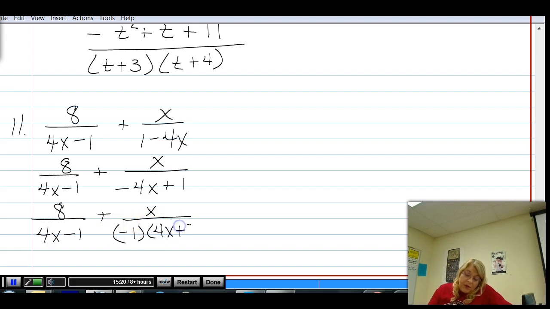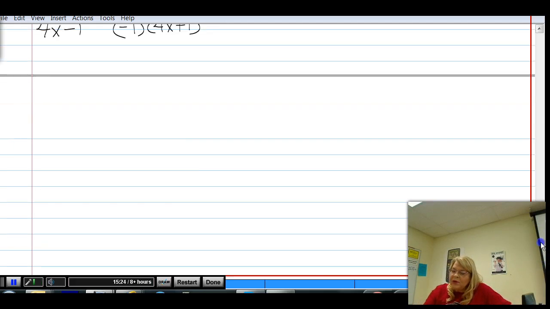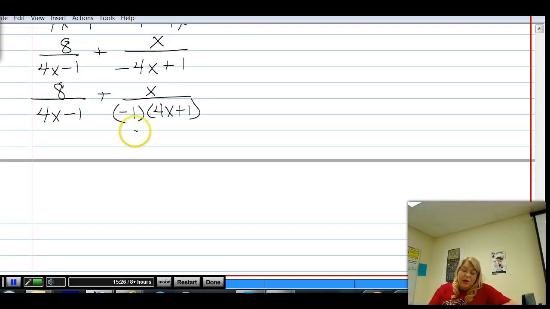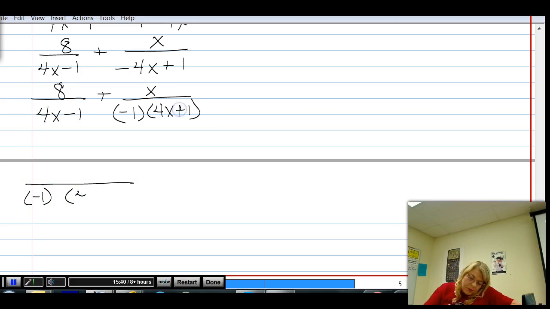Now I believe in most of the classes I've just made you come up with a common denominator. Since this one has a negative 1 in it, then this one needs a negative 1 in it. So the common denominator for this is negative 1 times 4x minus 1.